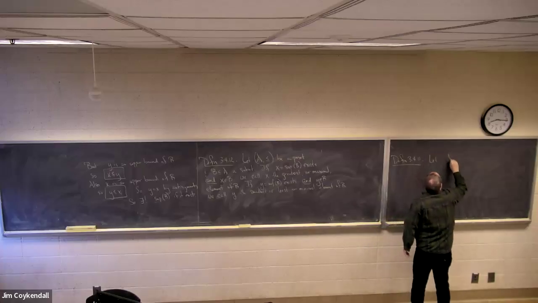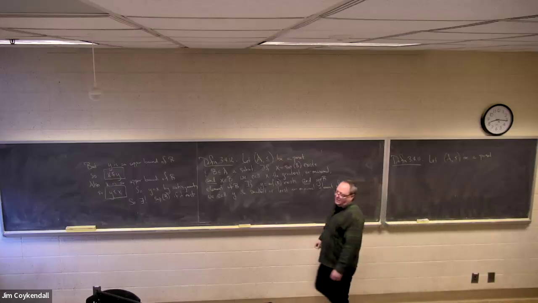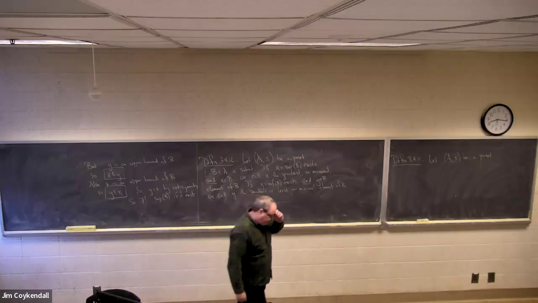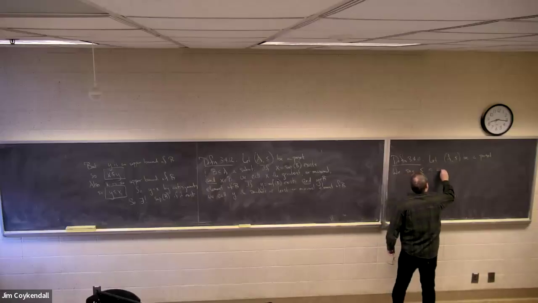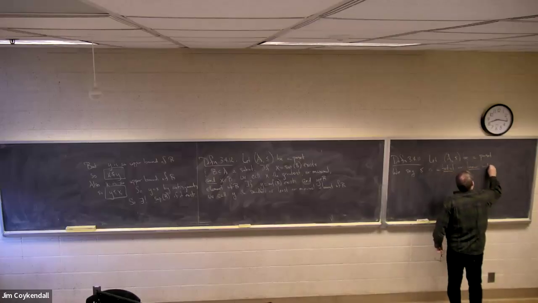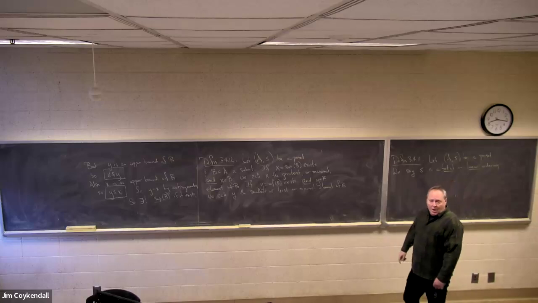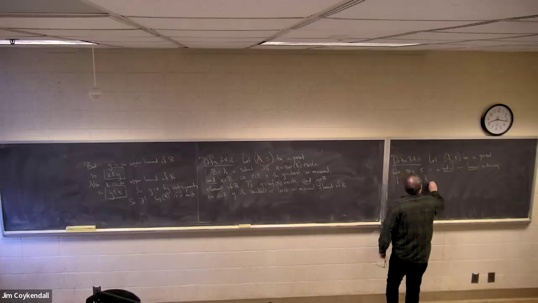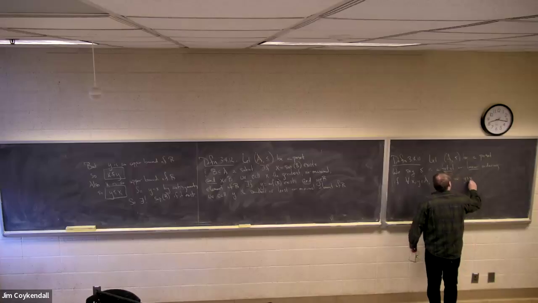Let A be a set. We say that less than or equal to is a total ordering or a linear ordering if for all x and y in A, we have x is less than or equal to y, or y is less than or equal to x.